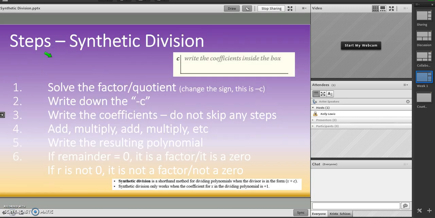All right, so it looks like a lot of steps. I tried to write the steps the way normal people talk. If you want to pause the video and write the steps down, they probably don't make any sense right now, but I'm going to go through the steps as I do problems. This should say negative c.